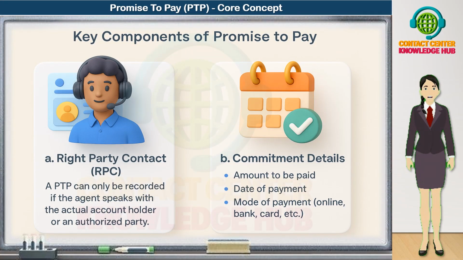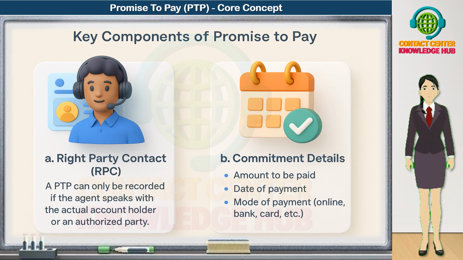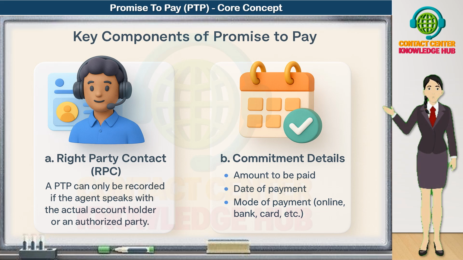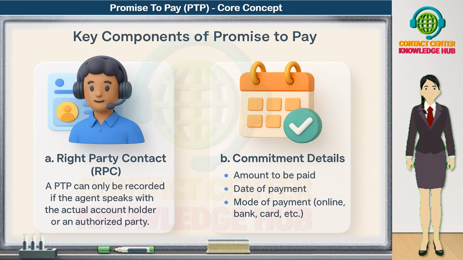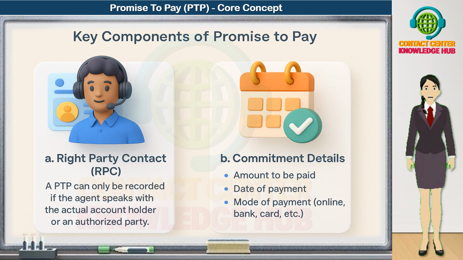Let's break down the key components of a promise to pay, because understanding these elements is essential for both accuracy and accountability. First, right party contact, or RPC. A valid promise to pay can only be recorded when the agent speaks directly with the actual account holder or an authorized party. This ensures that the commitment made is legitimate, traceable, and actionable.